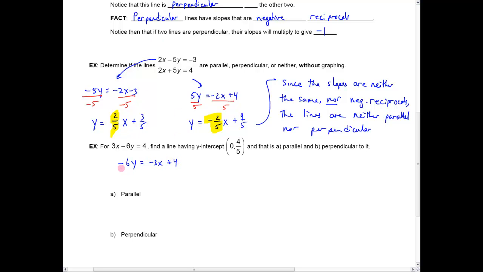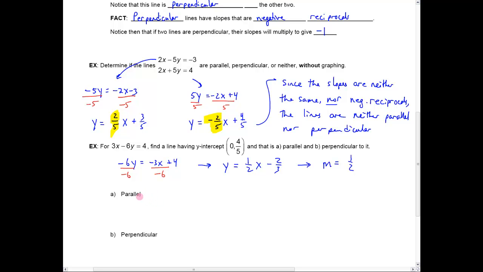So if I divide both sides by -6 and simplify, I see that y is going to equal -3 over -6, well, that's the same as a half x. And then 4 over -6, that's the same as -2/3. So that means my slope here is a half.